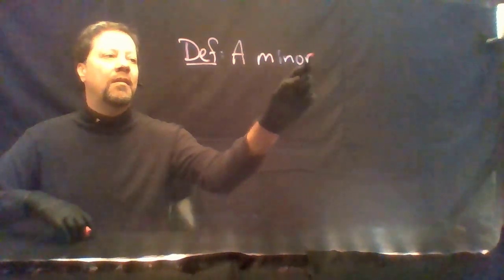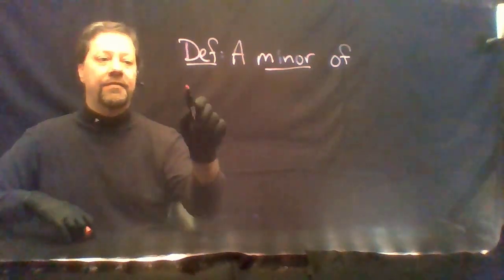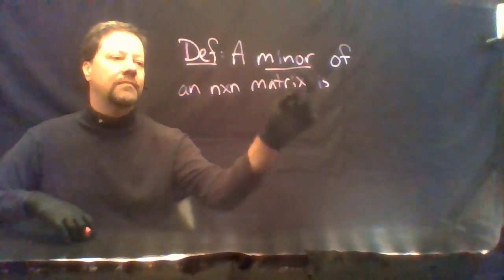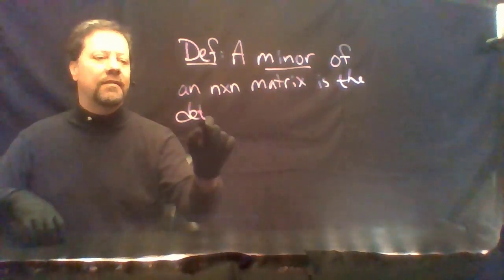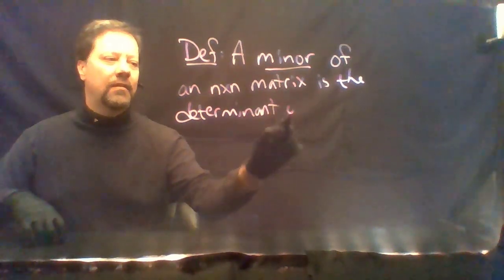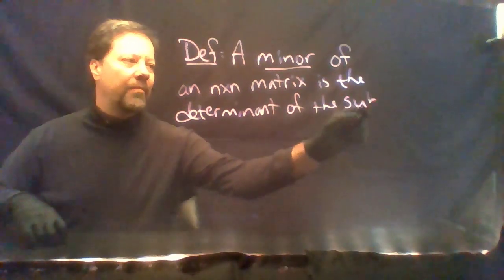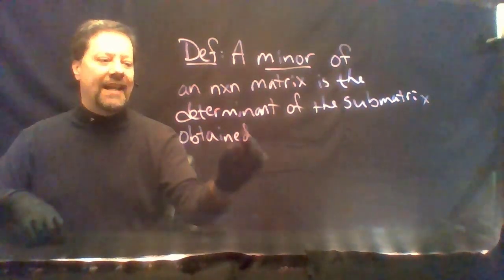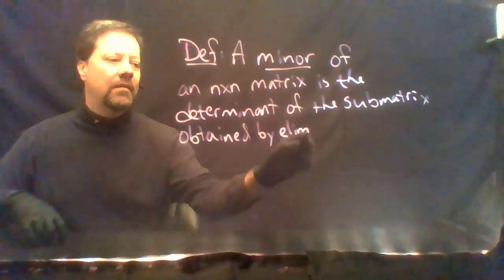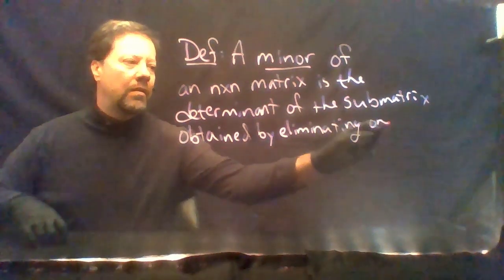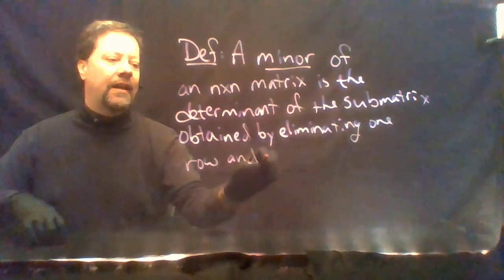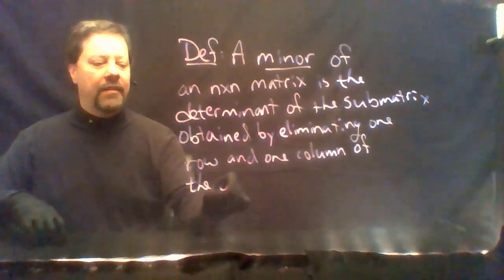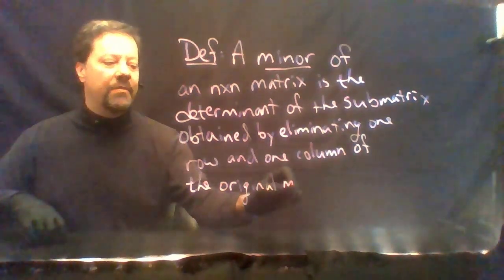A minor of an n by n matrix is the determinant of the submatrix obtained by eliminating one row and one column of the original matrix.